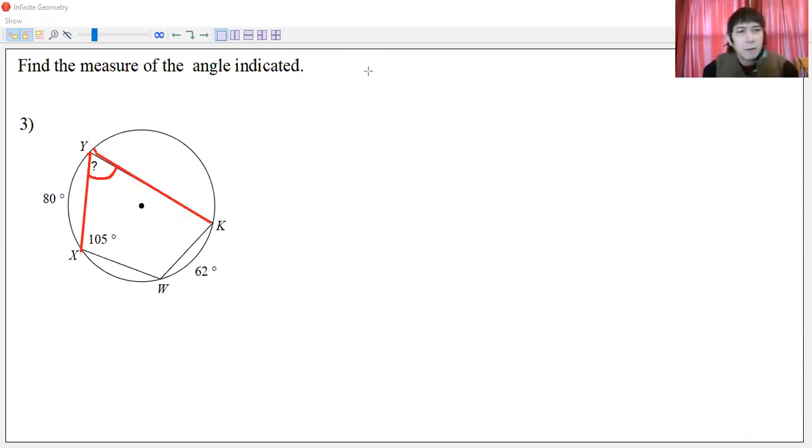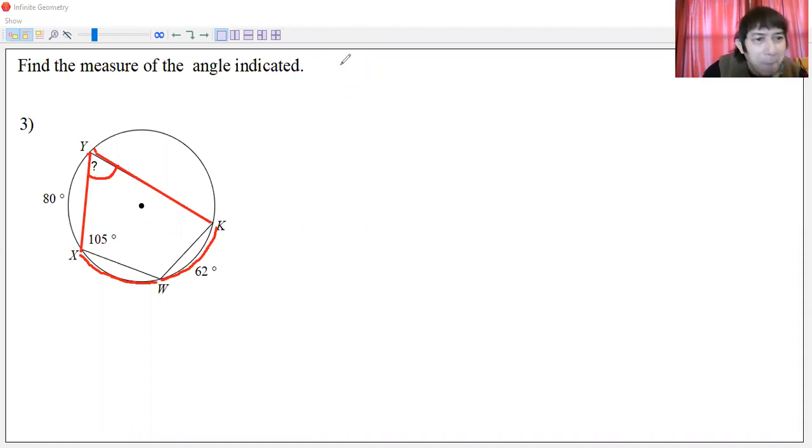Okay, the one with the question mark. Now, if only we have this arc here, then if we have that measurement, we will add the 62, after which the total will be divided by 2, and we shall be able to compute for the unknown.